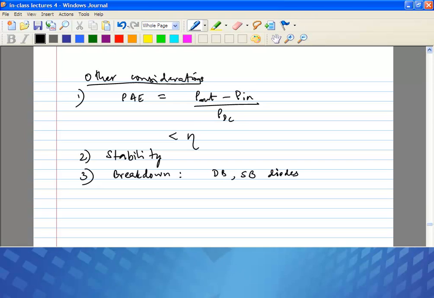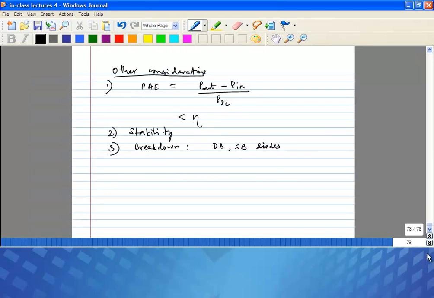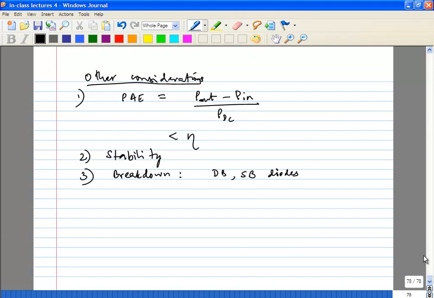The other thing is, you have to worry about what is called TDDB, time dependent dielectric breakdown.